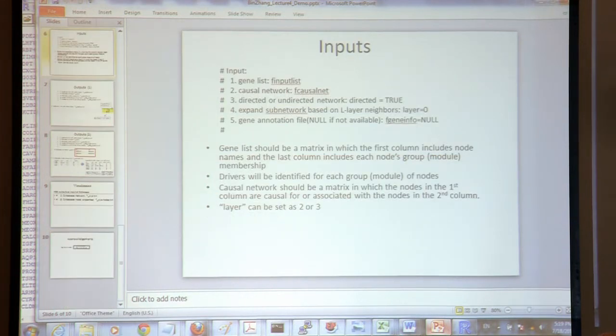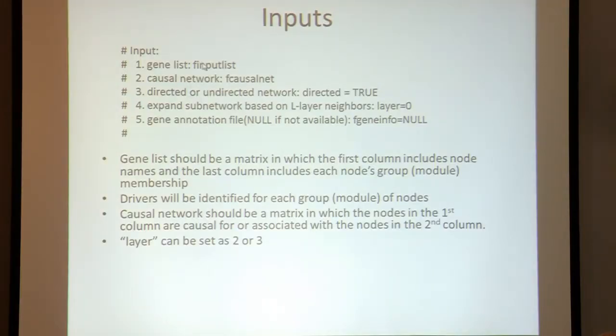The input is very simple. You basically take a list of genes, but in this case I make it a little more complex to make it more user friendly, because you may have multiple lists.